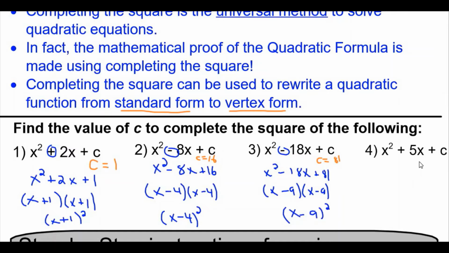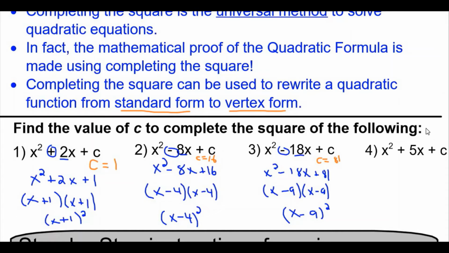So then we get to one that's a little bit harder. And so that's when we start to come up with, well, how did we actually do these? The way we did these is we took half of this number, right? And then we multiplied it times itself, otherwise known as squaring it. And so when you get to one like this, it's like, what number do we add together plus an identical twin to get 5?